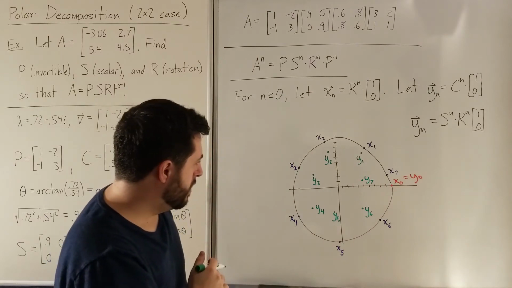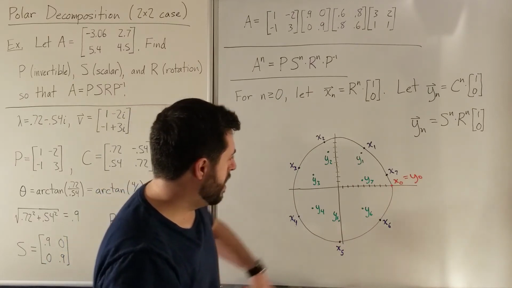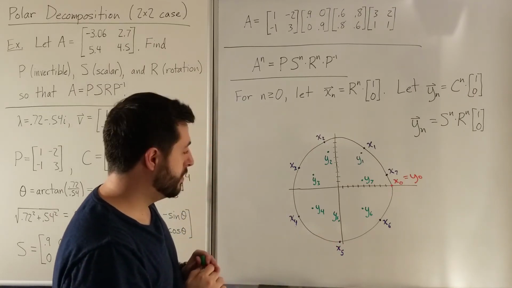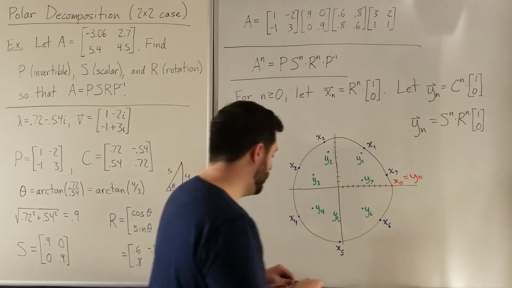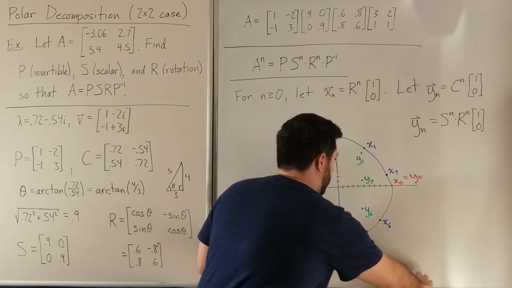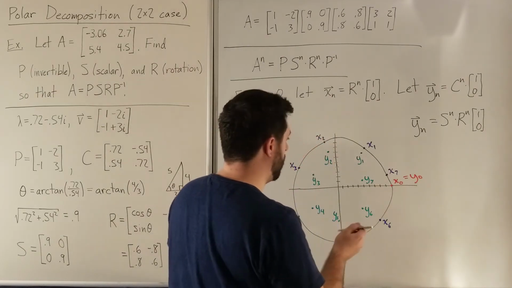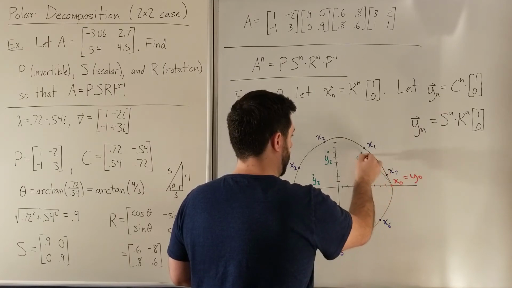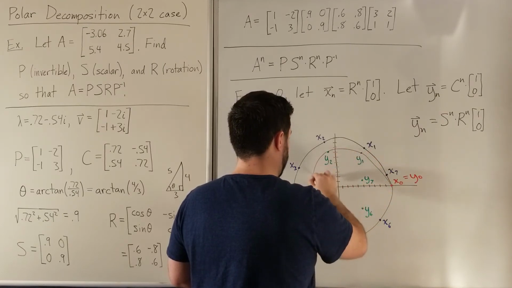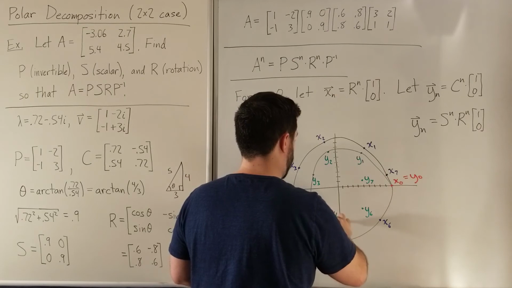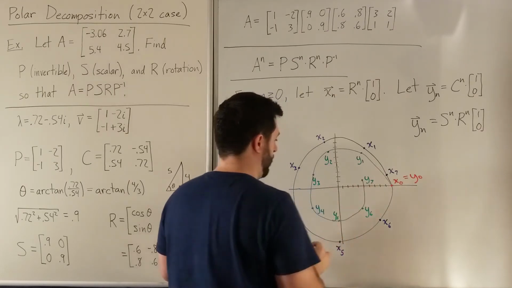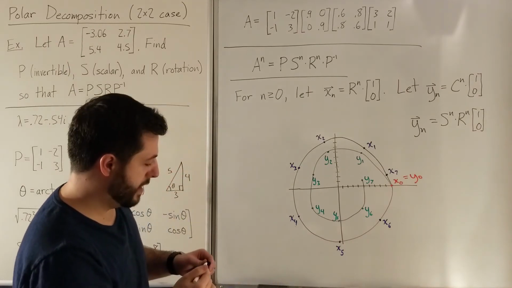Okay, just to note, all of the x_i's lie on a circle. All of the y_i's will lie on a spiral, something like that.